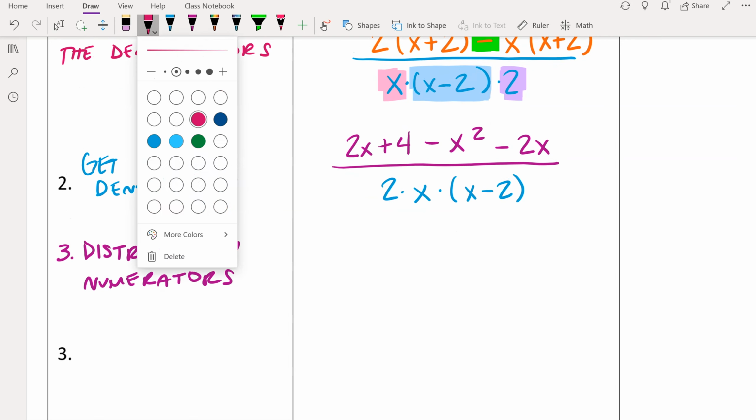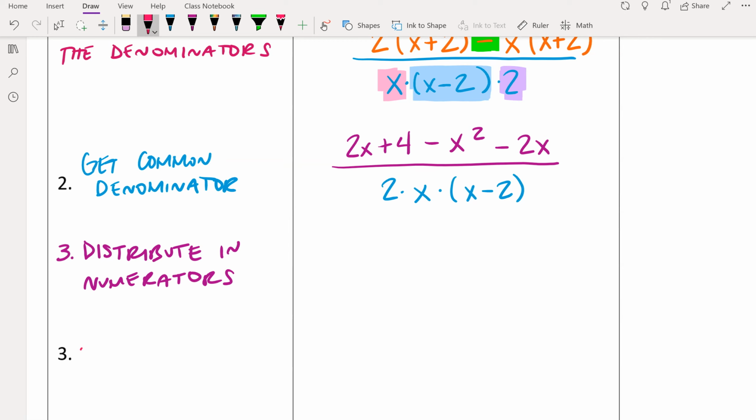Step 4 is going to be add or subtract in the numerator. Sweet. So we have like terms that we can combine in the numerator. Let me highlight those like terms.